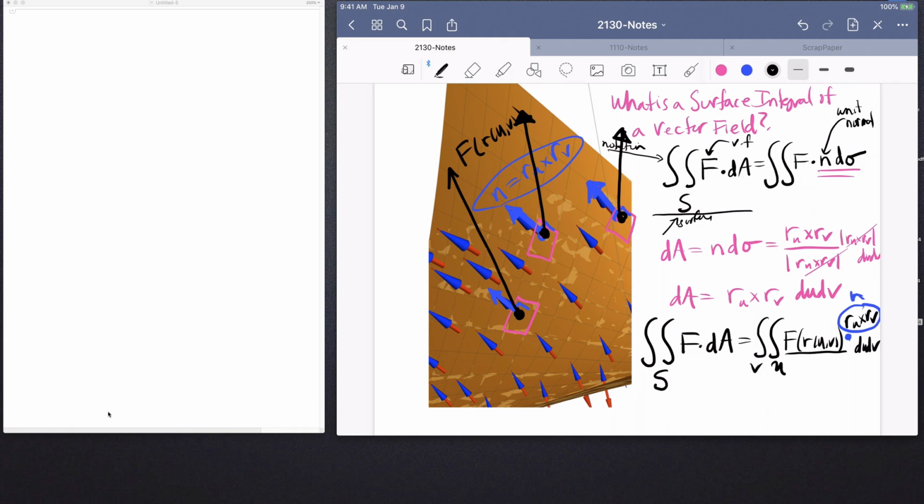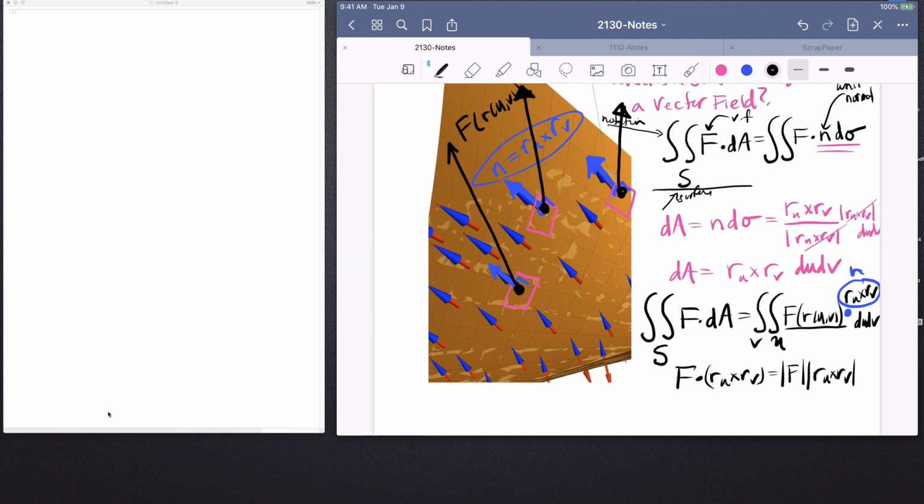Then we're familiar with this dot product. When we compute F dotted with RU cross RV, the dot product is the magnitude of the vector field, times the magnitude of RU cross RV, times the cosine of the angle between them. So there is an angle right here between the vector field and the surface itself.